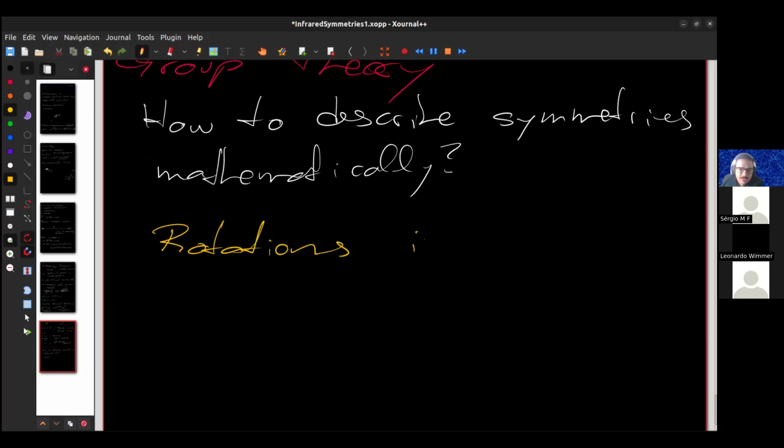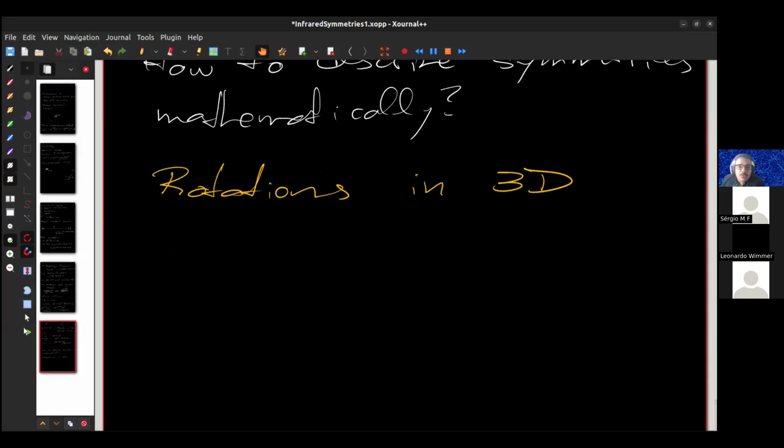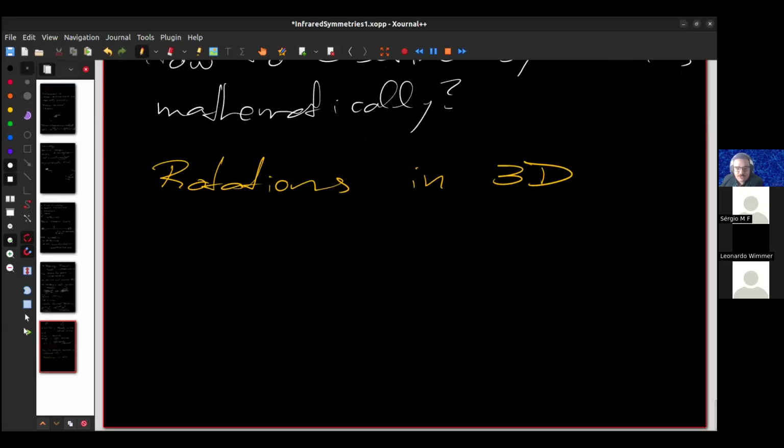And I'm going to pick particularly rotations in 3 dimensions. I'm only focusing on 3 dimensions because it is intuitively simpler, but the math is completely the same if you want to go to n dimensions. So you can choose to work in whichever dimension you want. I'll just focus on 3 for concreteness. So we want to describe rotations in 3 dimensions.